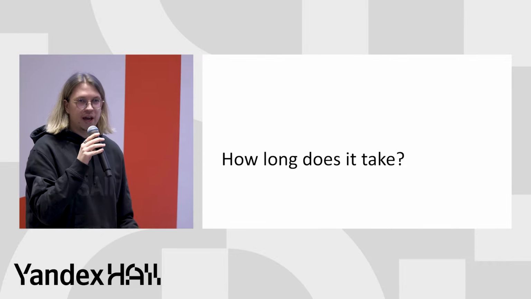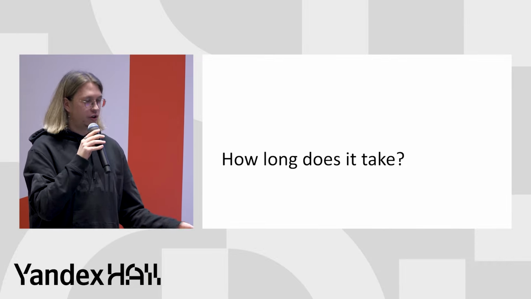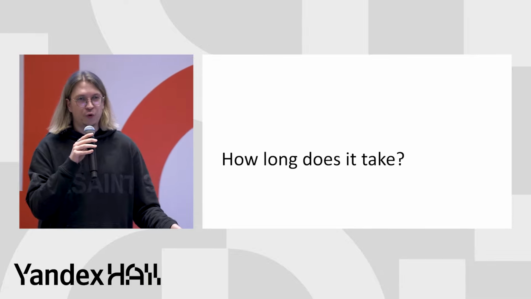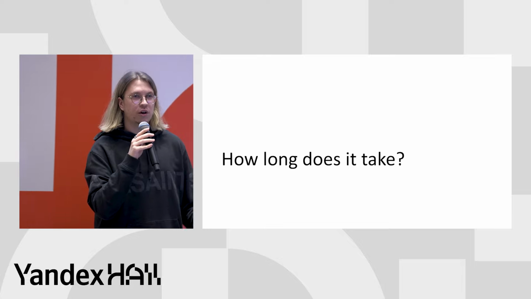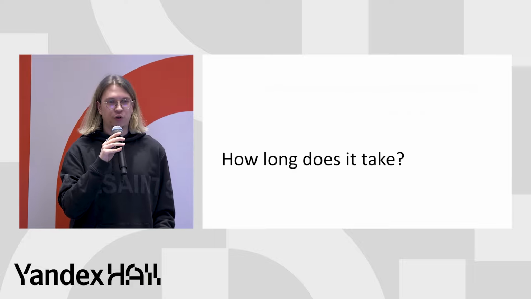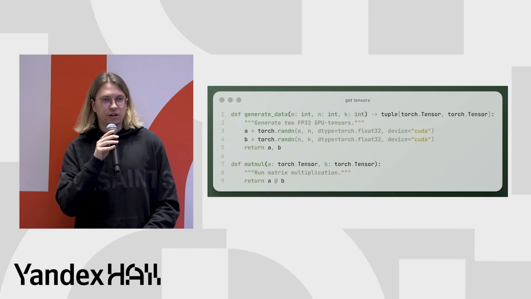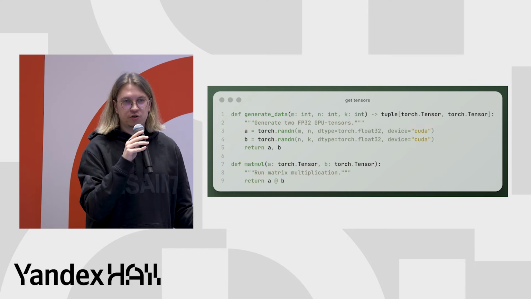And usually when you have any slowdowns in your training runs, you start thinking, how long does it take and why does it take so long? And before we actually dive deep into optimizing something, we first have to understand how to measure the time for an operation, right? And let's start with a simple matrix multiplication.